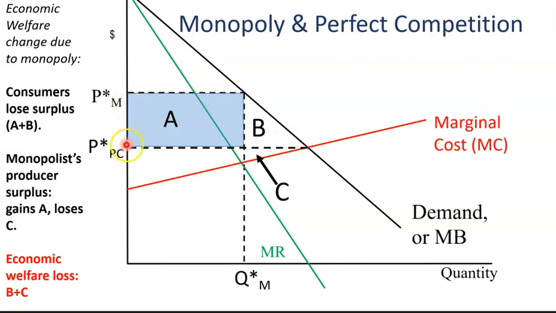So instead of consumers having a surplus equal to this big triangle here, they've been left with this smaller triangle that I'm outlining in this way. The monopolist has captured A in terms of the higher price compared with the competitive market, and the consumers have simply lost that surplus shown by B because now they've got less to consume.